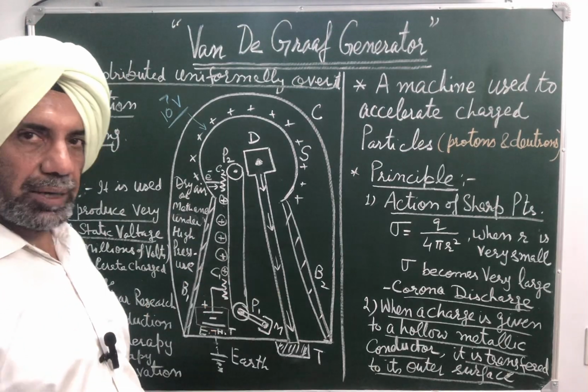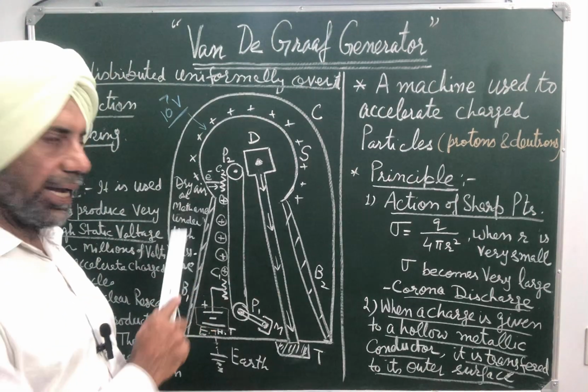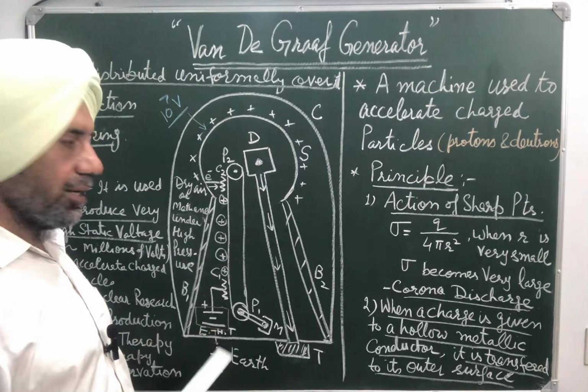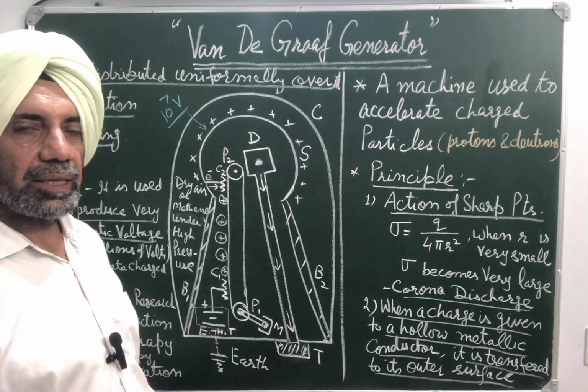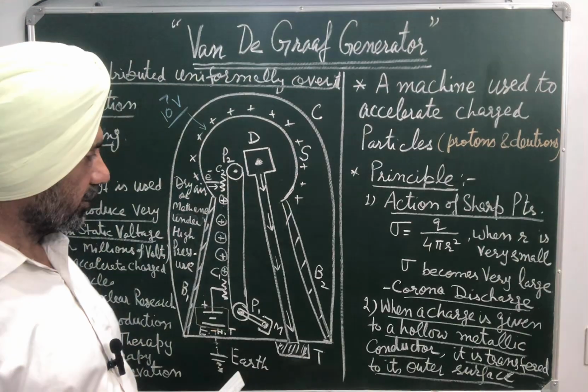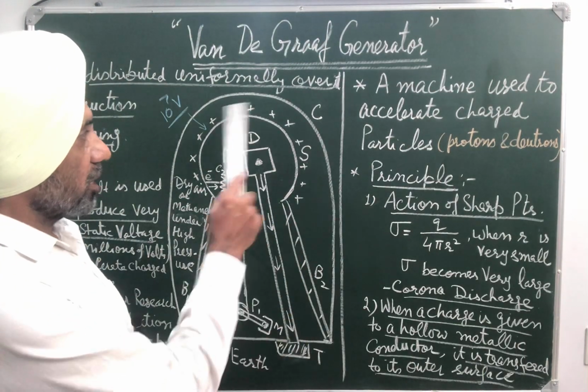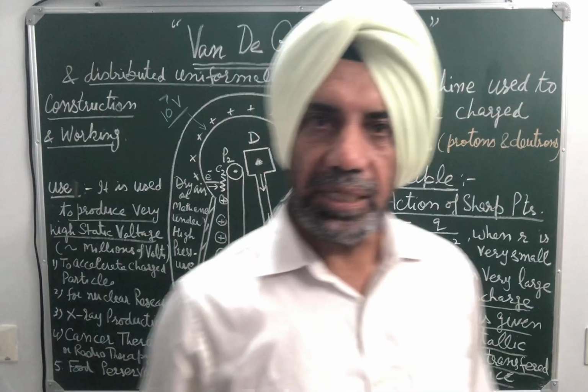And inside this chamber, dry air or methane under high pressure is filled. So this is construction of Van de Graaff generator.